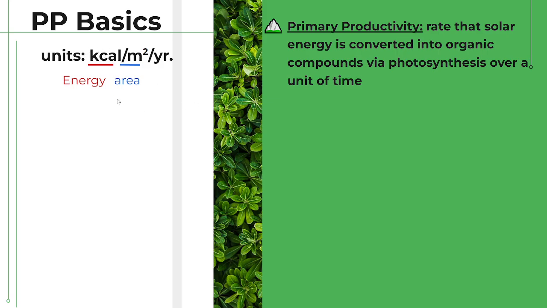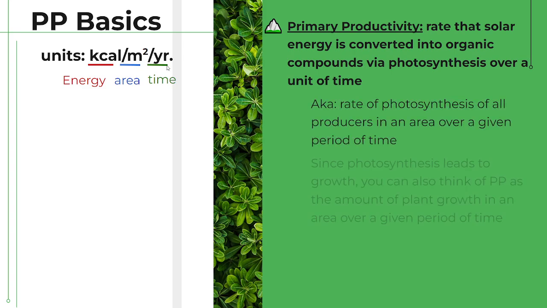Now, this can be expressed, as the first example here shows, in units of energy, so kilocalories or calories with the big capital C per meter squared per year.